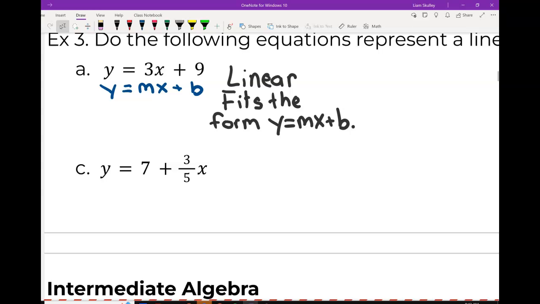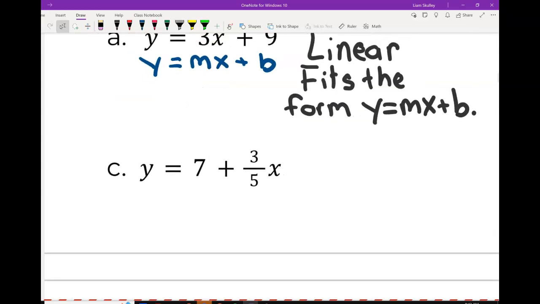All right. What about C? Are we thinking linear or nonlinear? Remember, we can move things around. Like addition works in both directions. 4 plus 2 is the same thing as 2 plus 4.